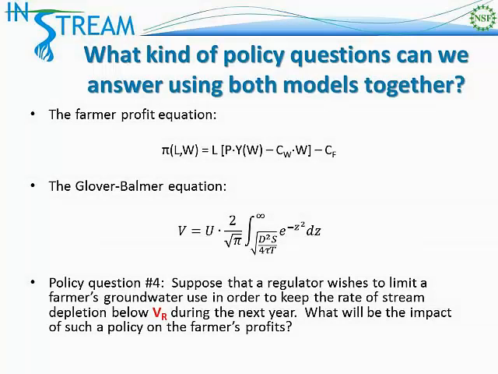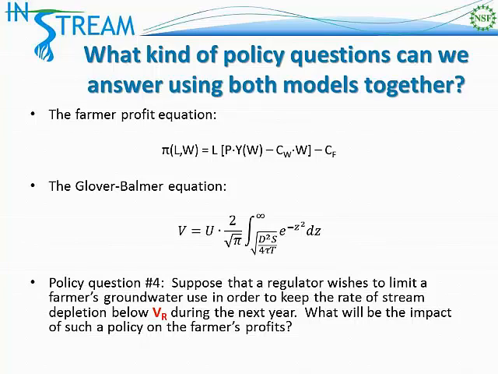Now, we can also use both the farmer profit equation and the Glover-Balmer equation together to answer other kinds of policy questions. For example, policy question number 4. Suppose that a regulator wishes to limit a farmer's groundwater use in order to keep the rate of stream depletion below V sub R during the next year. What will be the impact of such a policy on the farmer's profits?